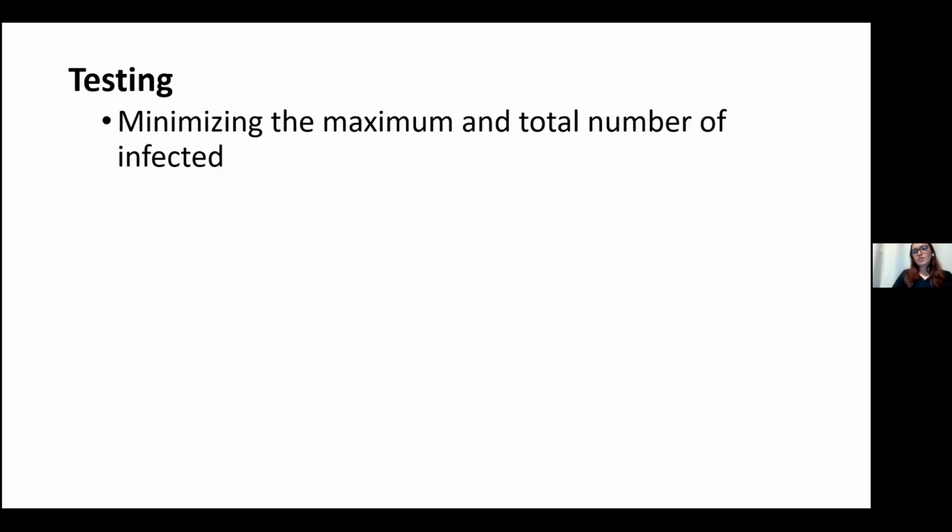As we already said, there is no silver bullet for finding effective vaccination strategies, so we particularly focused on the optimization objective of minimizing the maximum and the total number of infected people. Therefore, it should be flattening the curve.